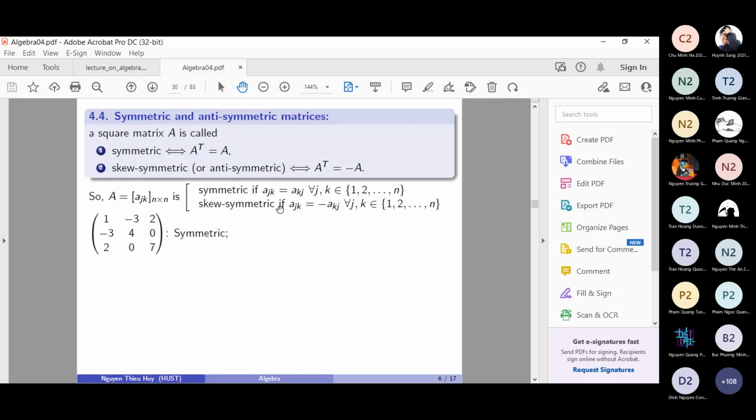Then immediately we recognize that on the main diagonal of a skew symmetric matrix, we have ajj equal minus ajj. Therefore, you turn to one side and obtain 2ajj equal 0. Therefore, ajj is 0. Then for skew symmetric, it is clear that on the main diagonal it should be 0.